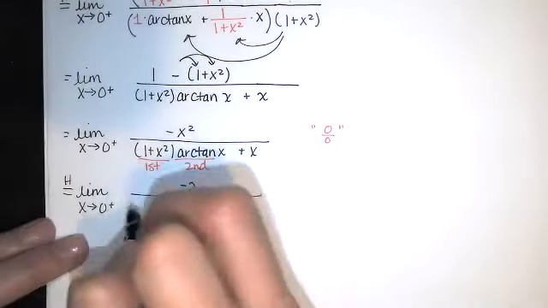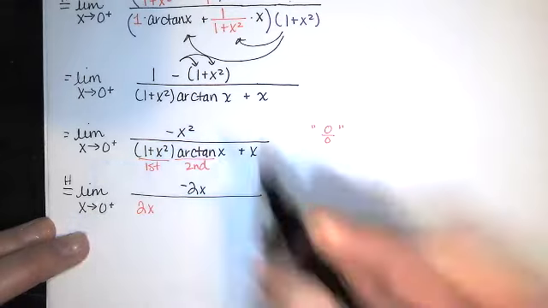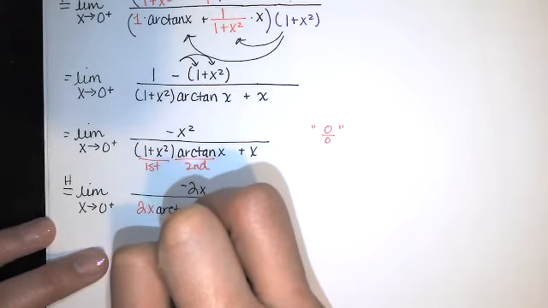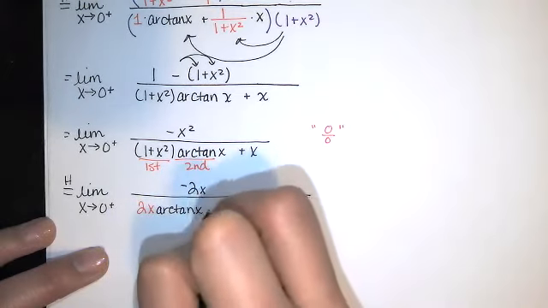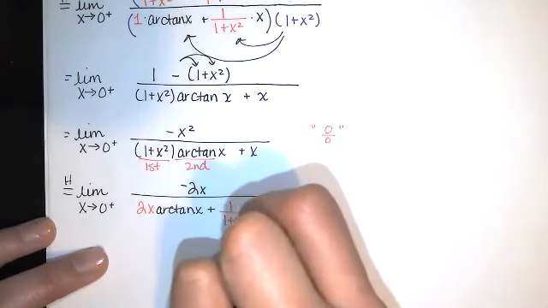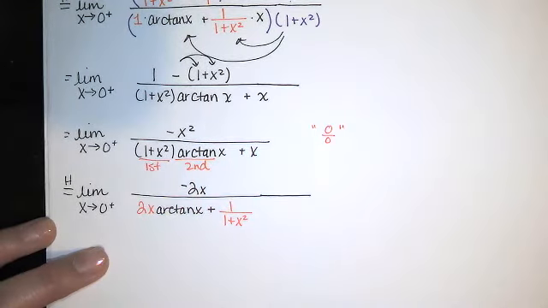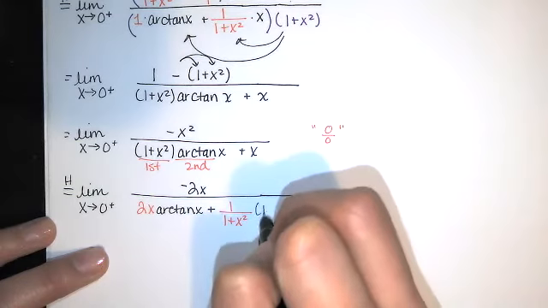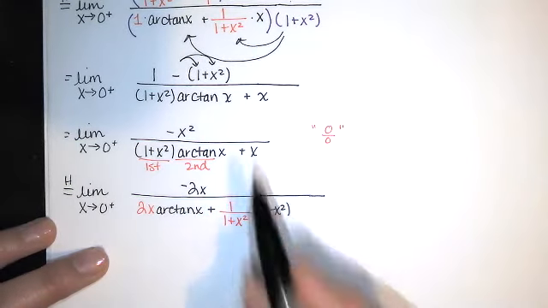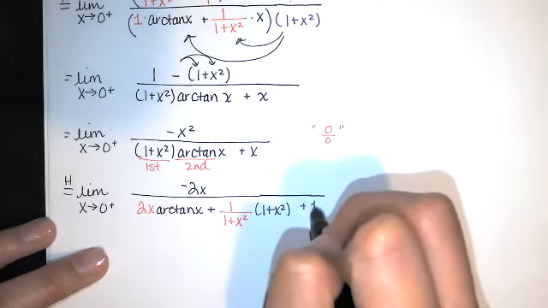We get derivative of the first times the second plus derivative of the second times the first. That's convenient. And then we have to add the derivative of x, which is 1.